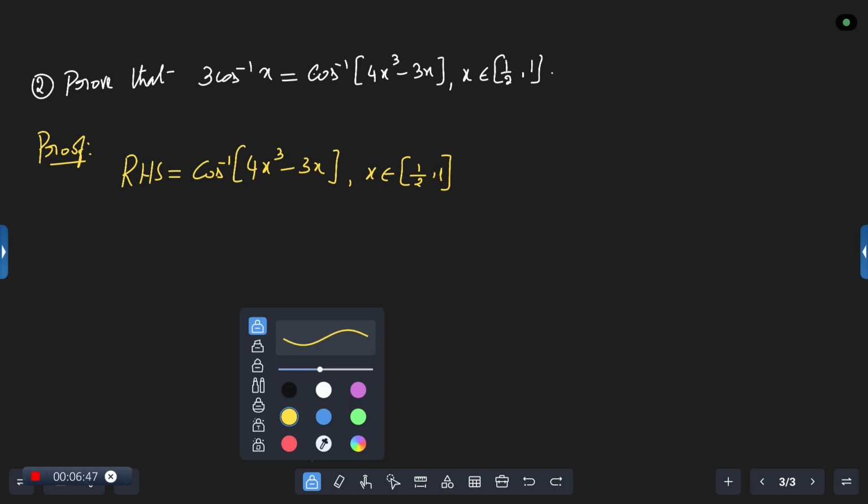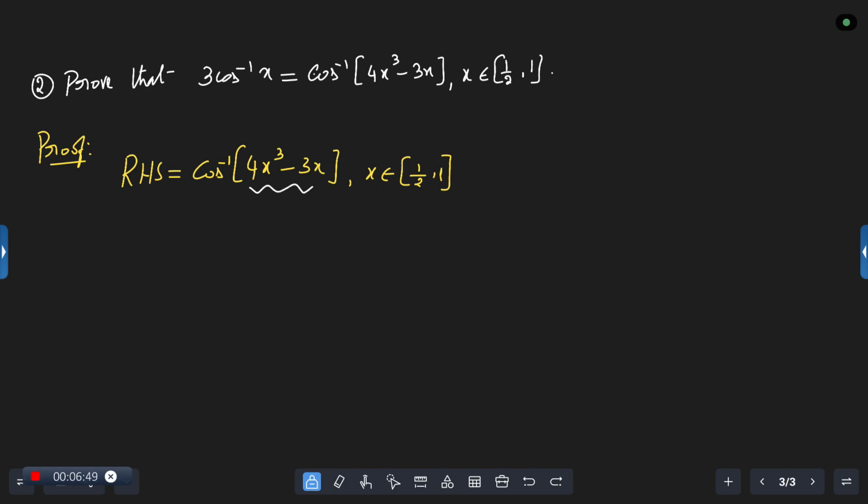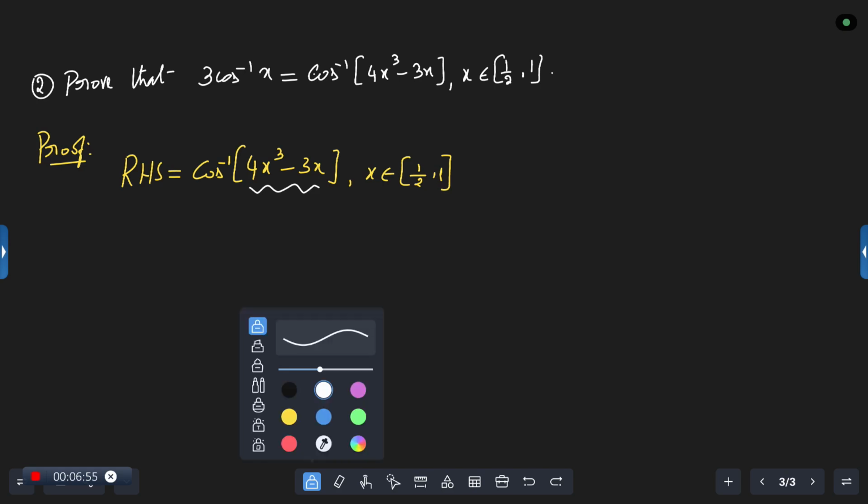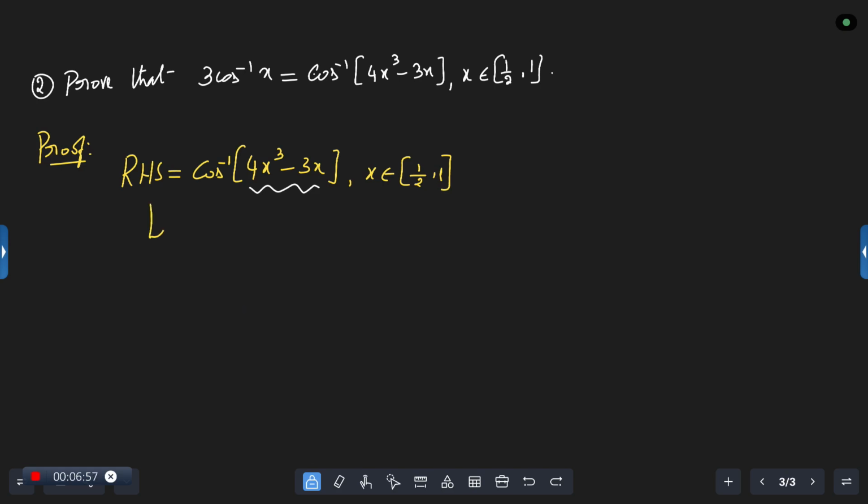Yes, students, listen. Look at this idea here. It also involves a multiple angle identity, correct? So which means you have to take x equal to cos theta. So what you get here is cos inverse of 4 cos cube theta minus 3 cos theta.